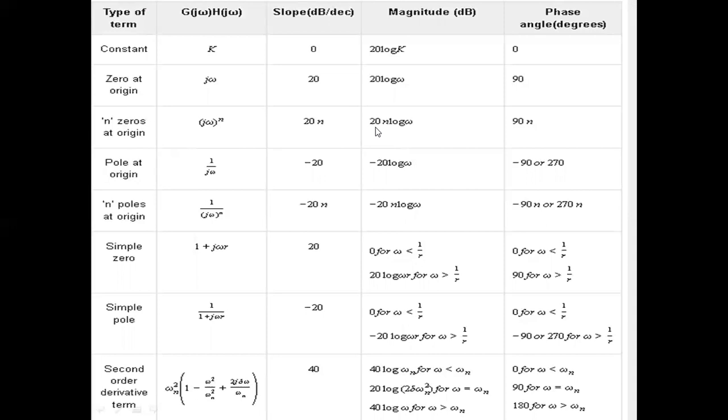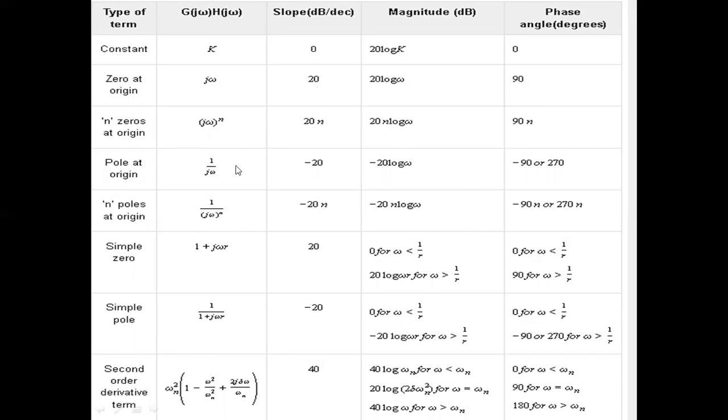Its magnitude will be 20 n log of omega. And for the phase angle, this term will contribute a phase angle of 90 into n. So the j omega term will contribute plus 90 degrees, whereas (j omega) to the power n will contribute 90 degrees multiplied with n.